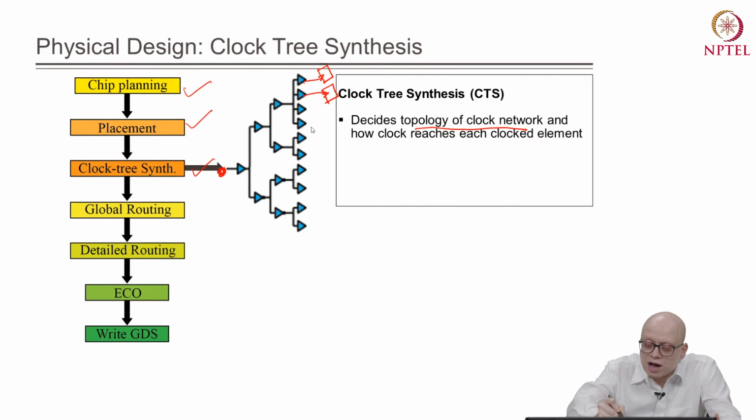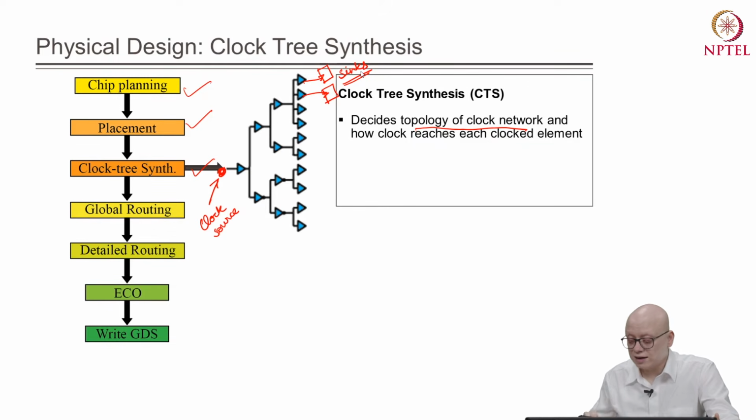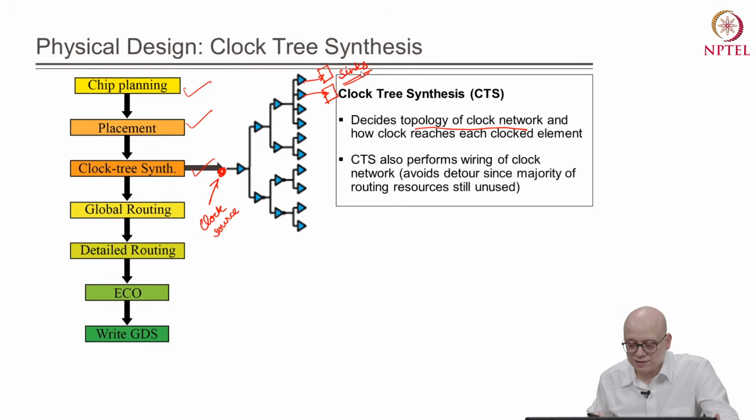How will the clock signal reach from the clock source to the sinks? Those flip flops where the clock signal needs to reach are known as the sinks that will be using the clock signal, and the connections are made such that the clock signal behavior is more like an ideal clock signal, right.